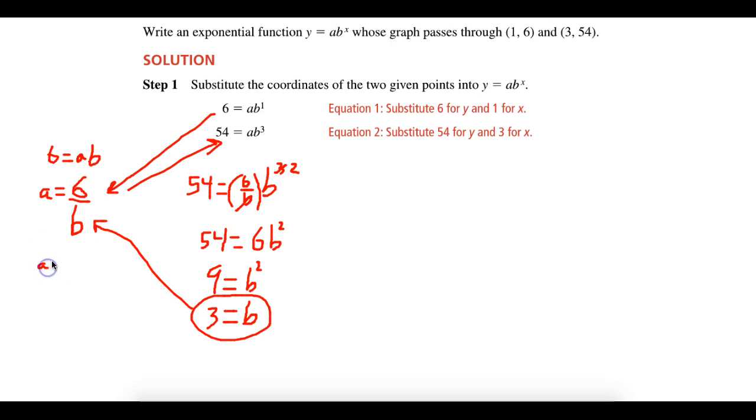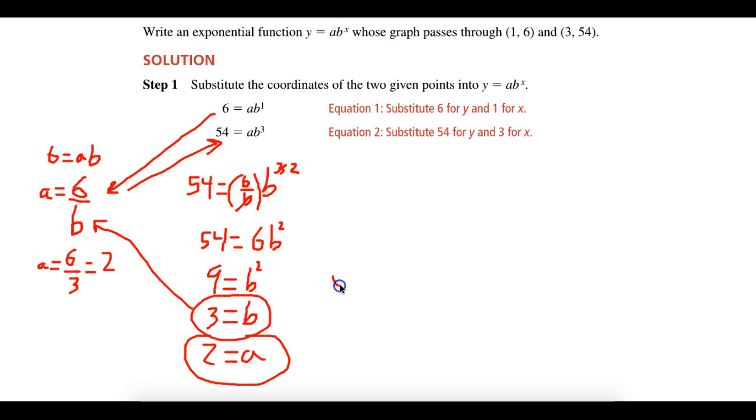So we get a equals 6 over 3. We're substituting 3 for b, and we get that equals 2. So a equals 2.